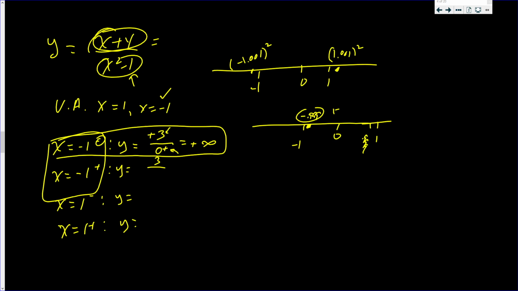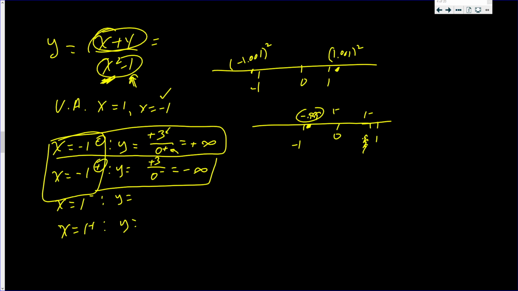X squared will be a little bit less than 1. When you take away 1, it'll be negative and very close to 0. A positive over a negative is negative, and 3 divided by near 0 is negative infinity. So we now know what happens a little bit to the right of negative 1.